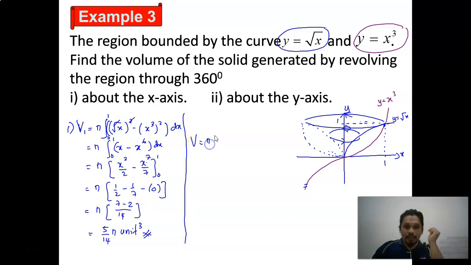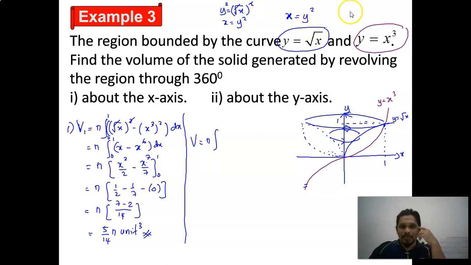V equals pi integral of y equals square root of x. Change this into the form of x equals a function of y. So if I square here, then also square here: x equals y squared. Am I right? y equals square root of x, so square left and right. There you go, x equals y squared.